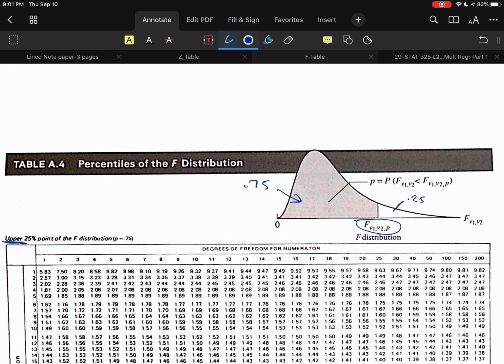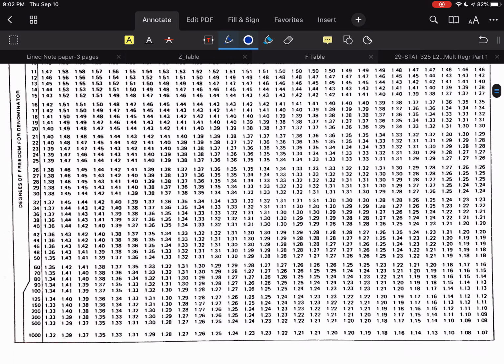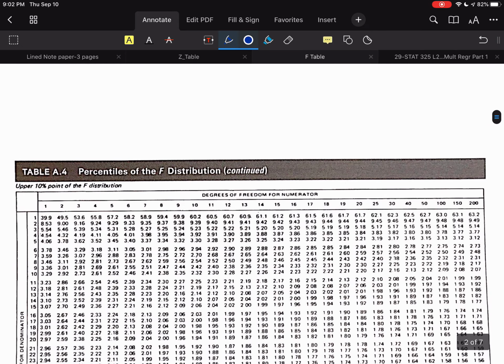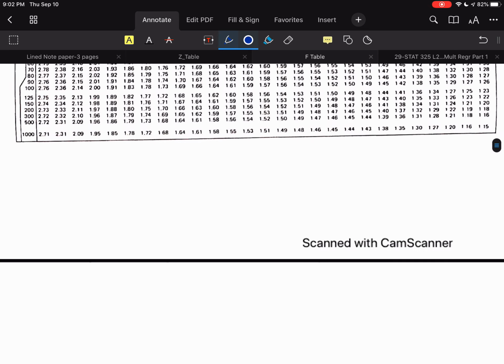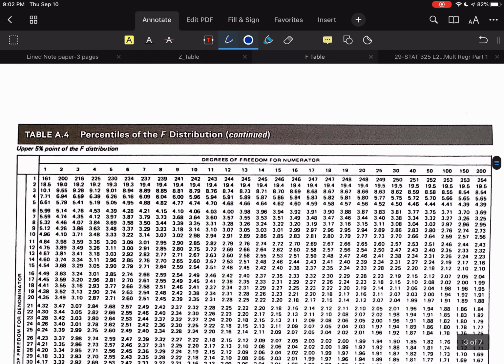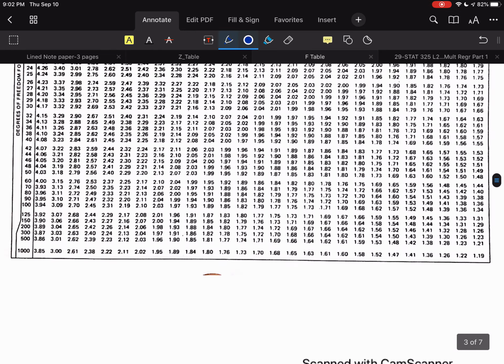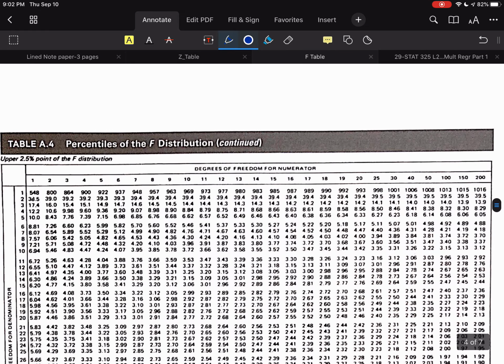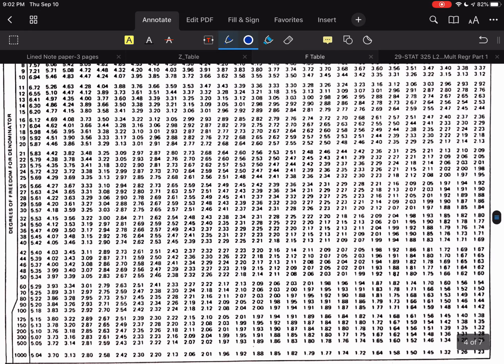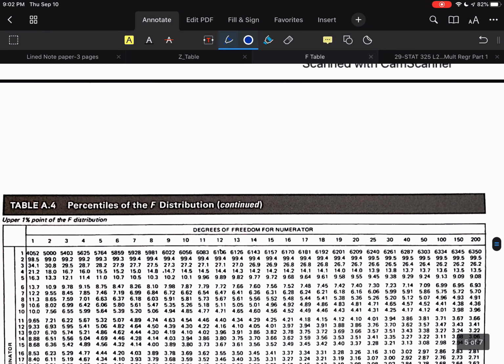So I guess they've highlighted this because this 0.75 is what we would be looking for in the value. We don't want 0.75, we want 0.99. So to get 0.99, we have another page with upper 10%, or 0.9. And so we keep going. And now we're at 5%, so 0.95. And then we keep going, and we get to 0.975. And we keep going, and now we're at 0.99 because it's the upper 1%.